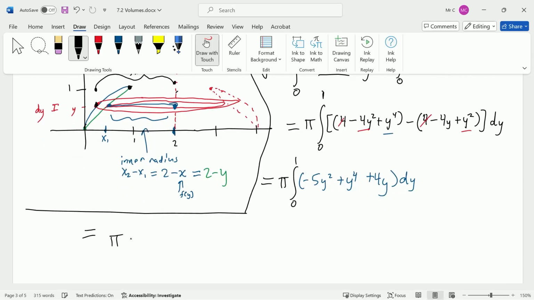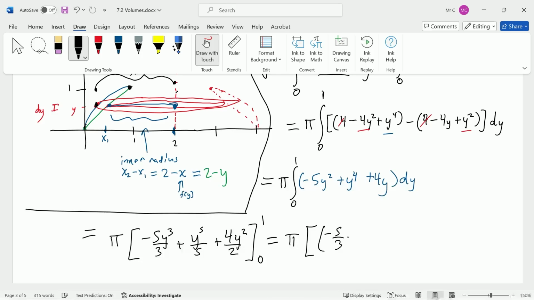We get pi times negative 5y cubed over 3 plus y to the fifth over 5 plus 4y squared over 2, evaluated from 0 to 1. It's pi times negative 5/3 plus 1/5 plus 2 minus 0.